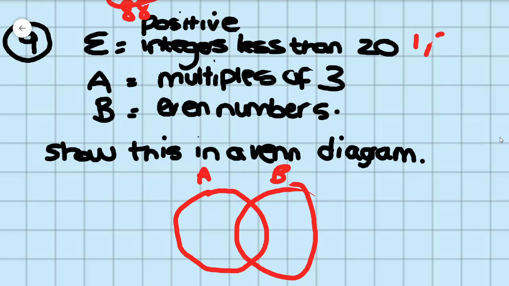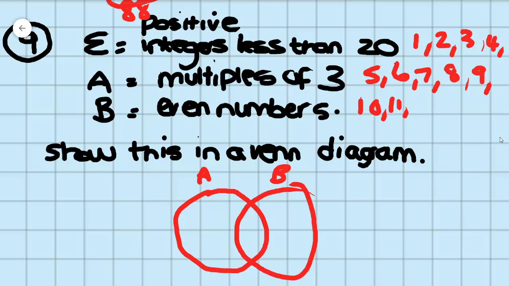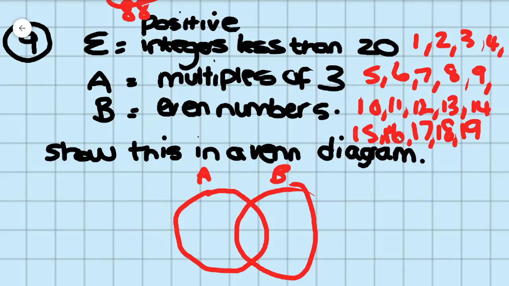So 1, 2, 3, 4, 5, 6, 7, 8, 9, 10, 11, 12, 13, 14, 15, 16, 17, 18, 19. Now it says less than, it doesn't say including 20, so I'm not including 20 in that list. And A is my multiples of 3, B is even numbers.